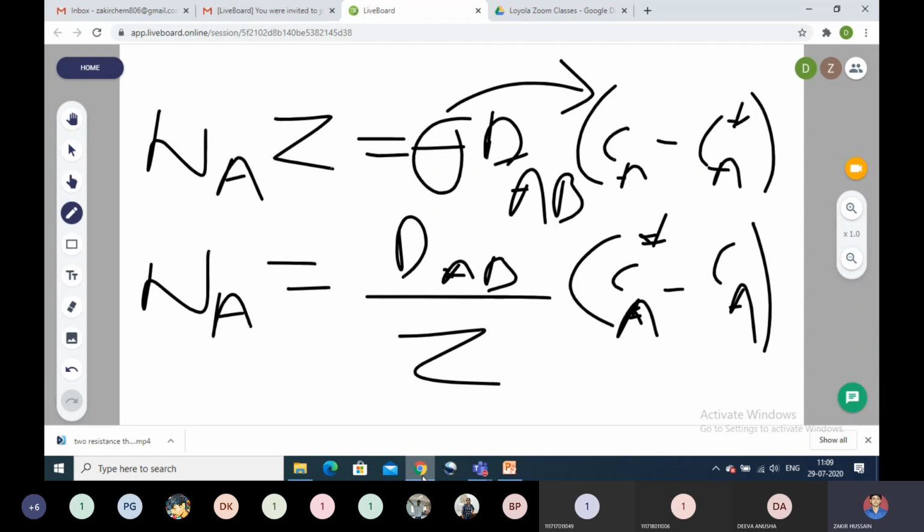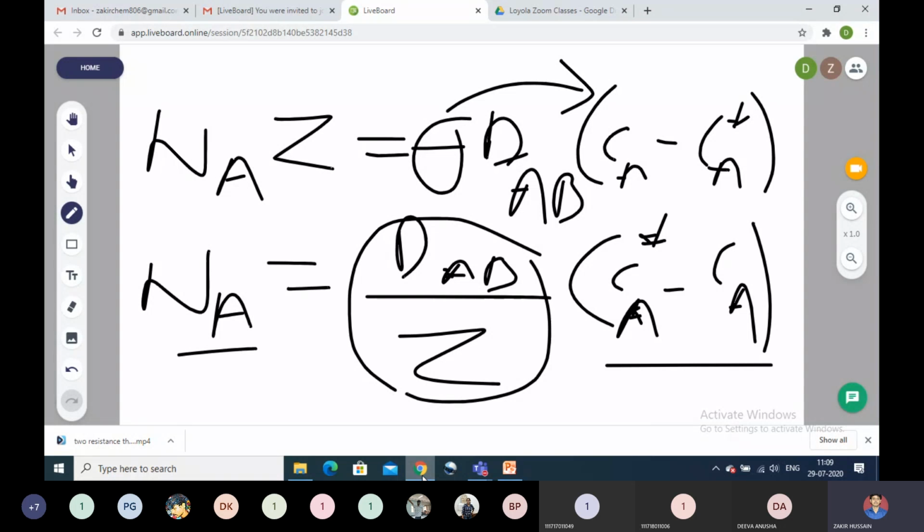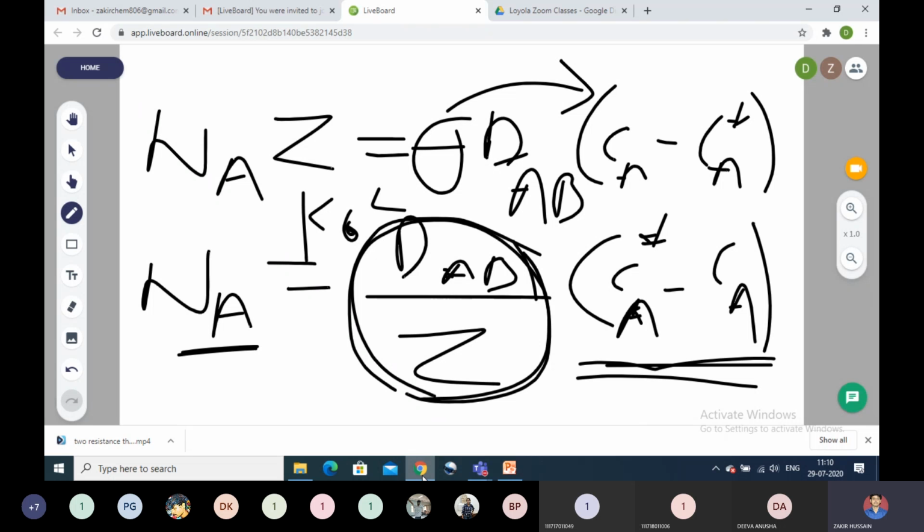So this we are considering here, from the definition of mass transfer coefficient. Mass transfer coefficient is nothing but the relationship between the flux and the concentration driving force. The flux is there, the concentration driving force is there. So the left out term is only the circled one, DAB by z, which is known as KOL, because the concentrations here we are writing for the overall system.